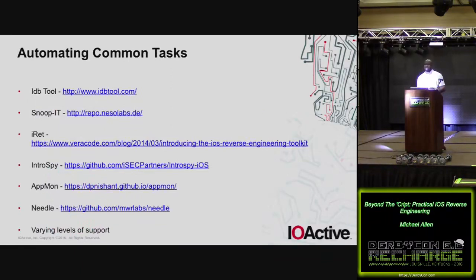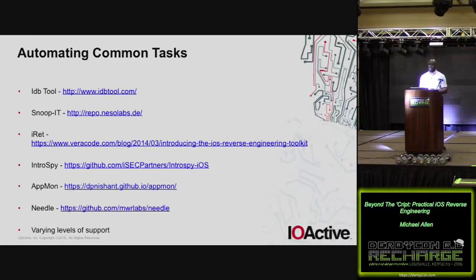During an assessment, there are some common tasks that you normally go through, right? And these include things like checking the keychain, looking at logs, and just some mundane tasks. And so there are tools that automate all of these common tasks, and some are listed here. They, however, have varying levels of support.